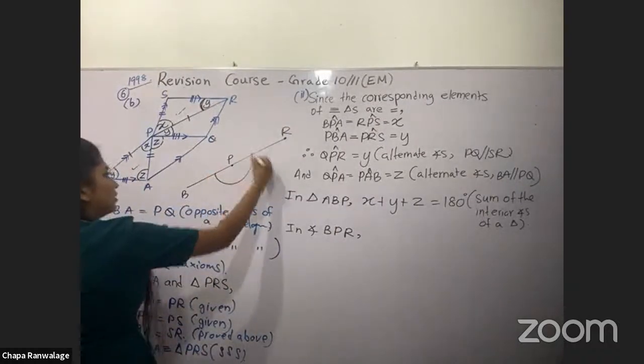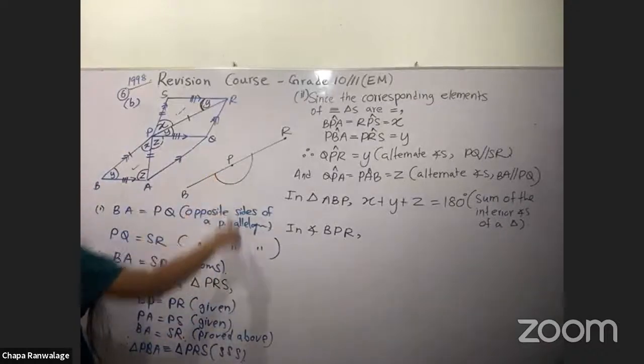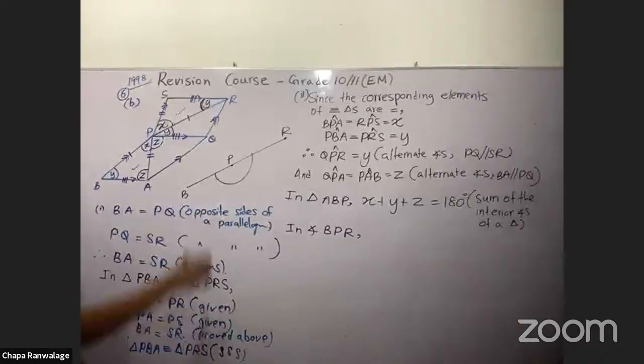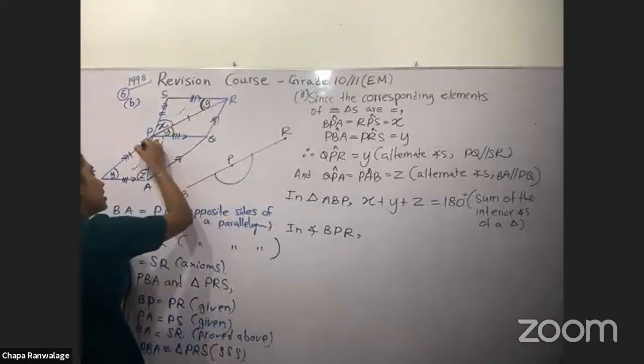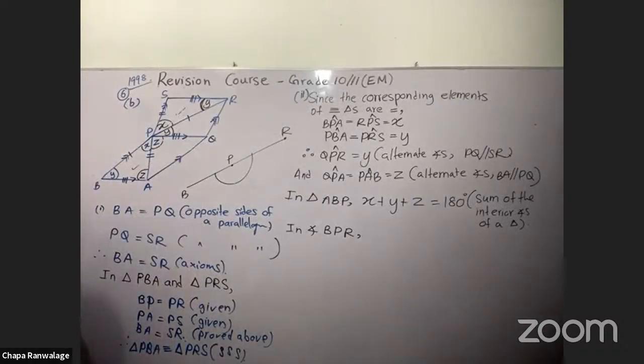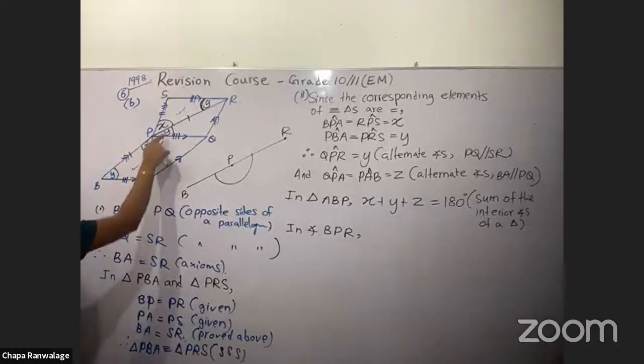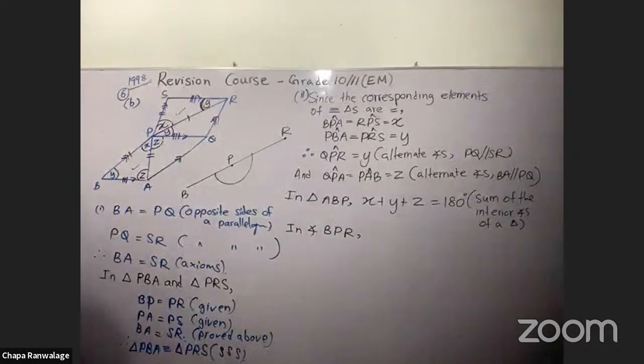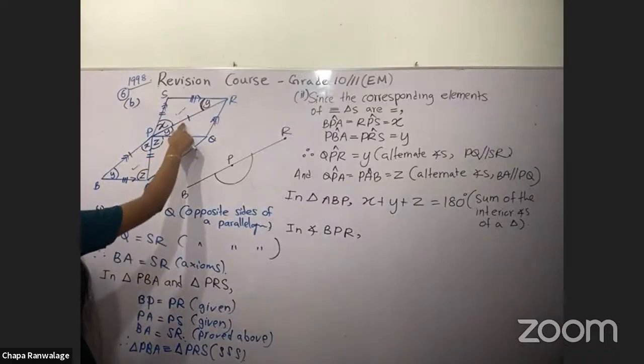So this one should be a straight angle. So the sum of these three angles equals 180.